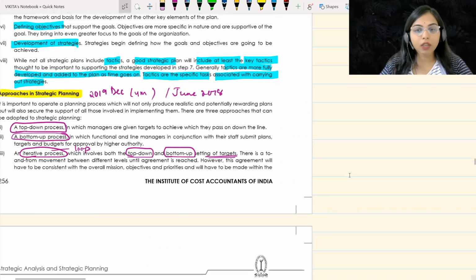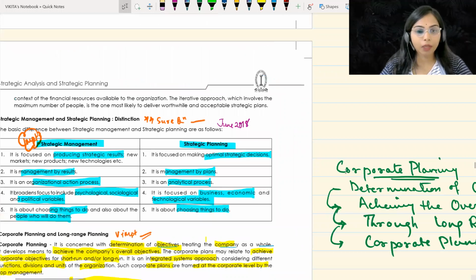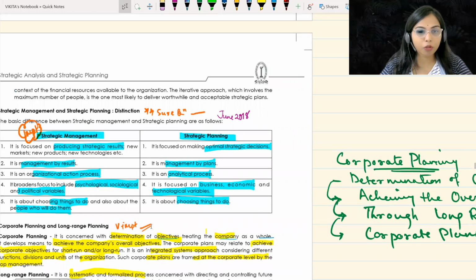Before I go to corporate planning, if you see in our book, it is given very nicely about strategic management and strategic planning. A 2018 question has come, so I feel it is an important question.